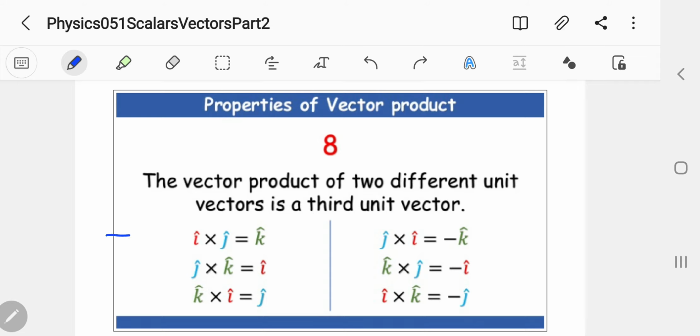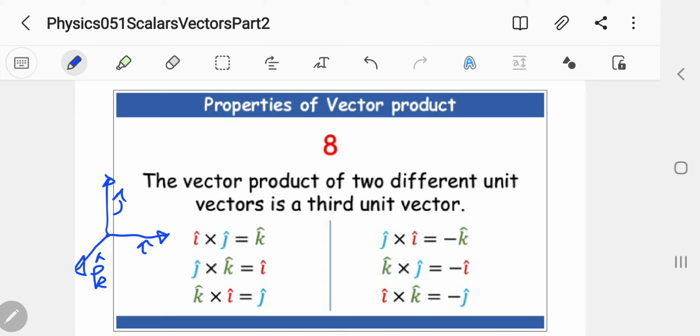So this is i, j, and k here. You put your palm on i and then rotate or move your palm towards j. That will give you the direction k.